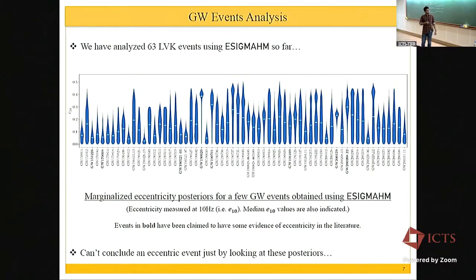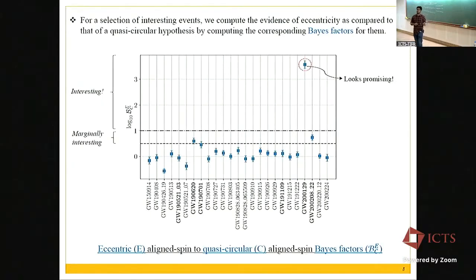So we need some statistic, some number to say whether they are eccentric or not. And for this, we basically do the analysis using a quasi-circular version of the same eccentric waveform model. And then try to compute the ratio of the evidence of the eccentric hypothesis as compared to that of the quasi-circular hypothesis by computing what are known as Bayes factors, which I am showing here, or rather their logs.